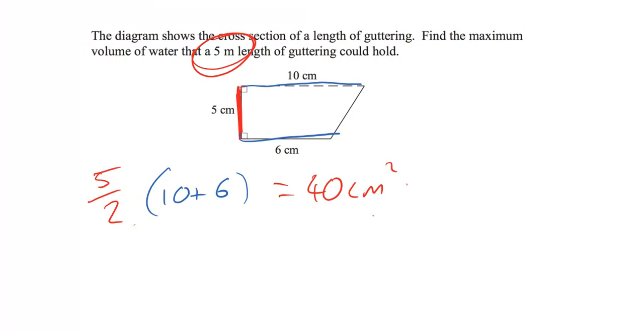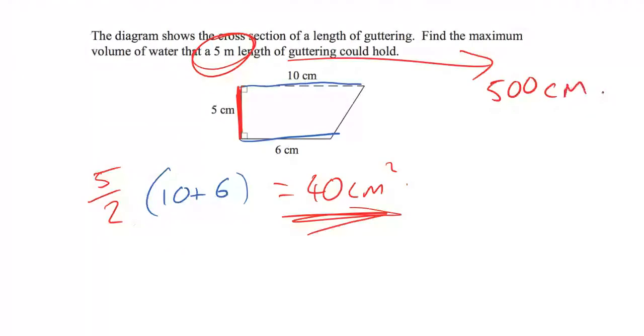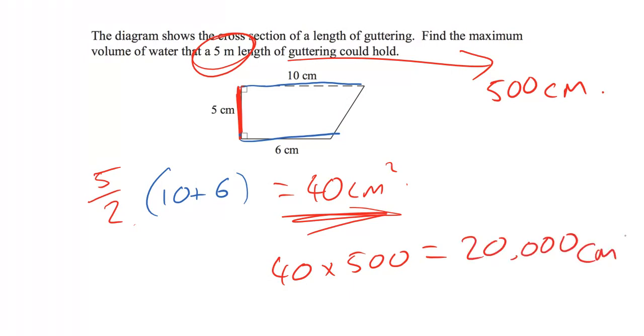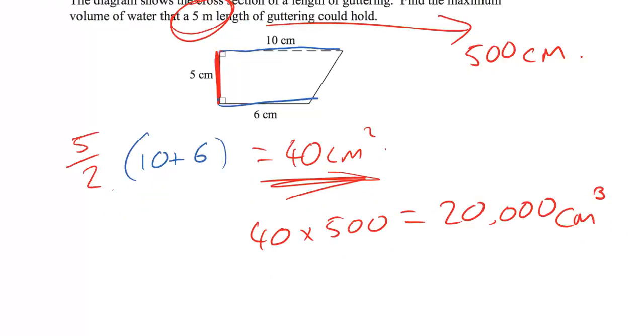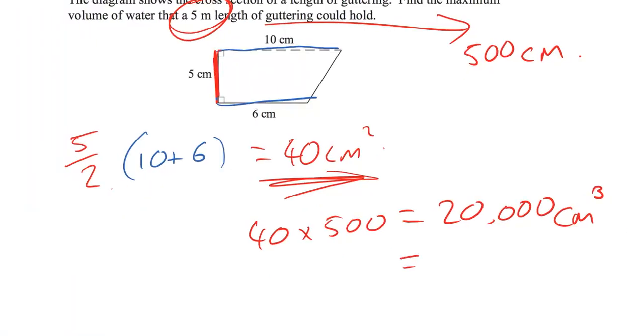But this is in centimeters squared, so I need to make sure I am working this out in centimeters. So I've got to do 40 times 500. That gives 20,000 centimeters cubed. If I want to work out the volume of water, I could do that in liters as well. It's going to be 20 liters.